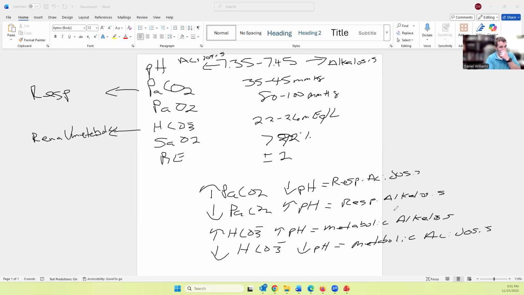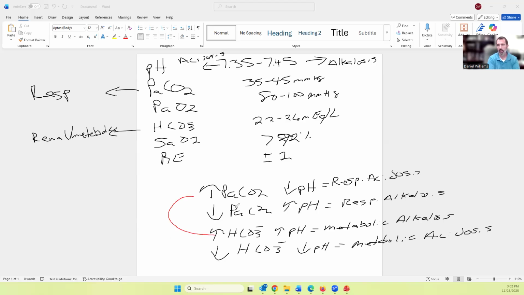Now, remember, I said that if you had a respiratory issue, the renal system will try to fix it. If you have a renal issue, the respiratory system will try to fix it. So that being said, let me change colors here real quick. If you were to have a respiratory acidosis, the compensatory mechanism, or how the body's going to try to fix that, is by way of a metabolic alkalosis.